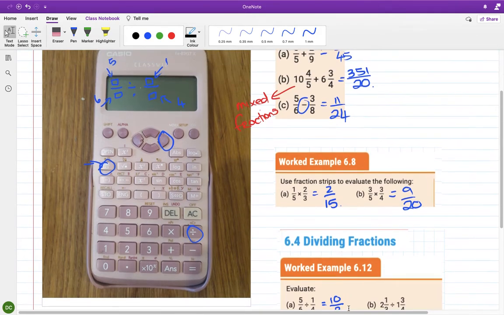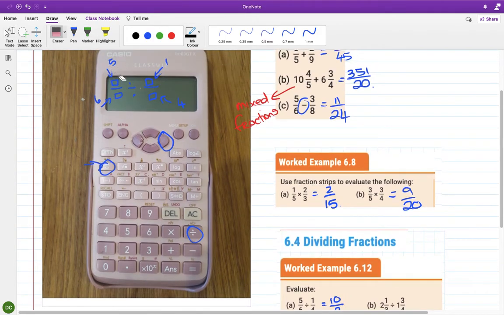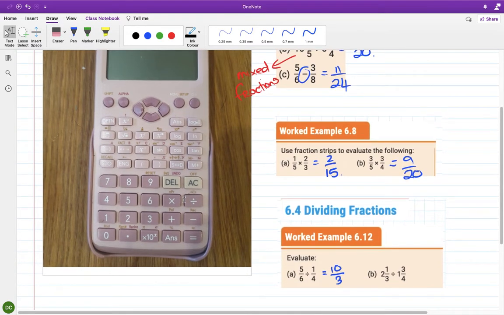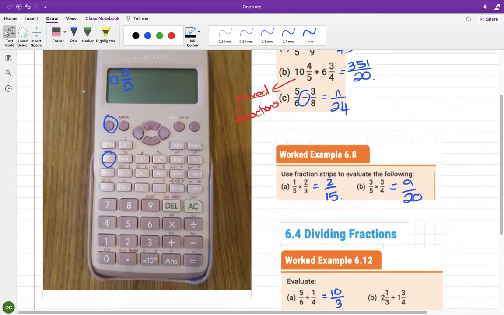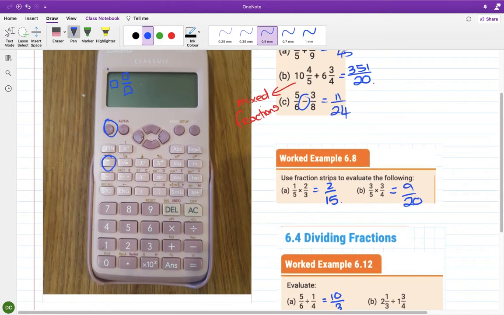Okay, and then the second one is, again, same deal, except this time we've got our mixed fractions, but again, not a problem. So 2 1/3. So this is where you have to press the shift and the fraction so that you get the mixed fraction symbol. And then your 2 goes in here.